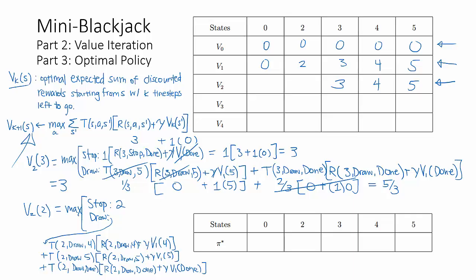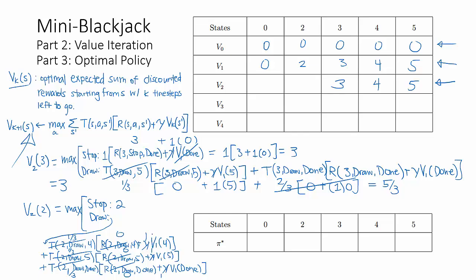And we have all these values for us. Each of these terms is 1/3. The rewards for drawing are all 0. And all the gammas are 1.